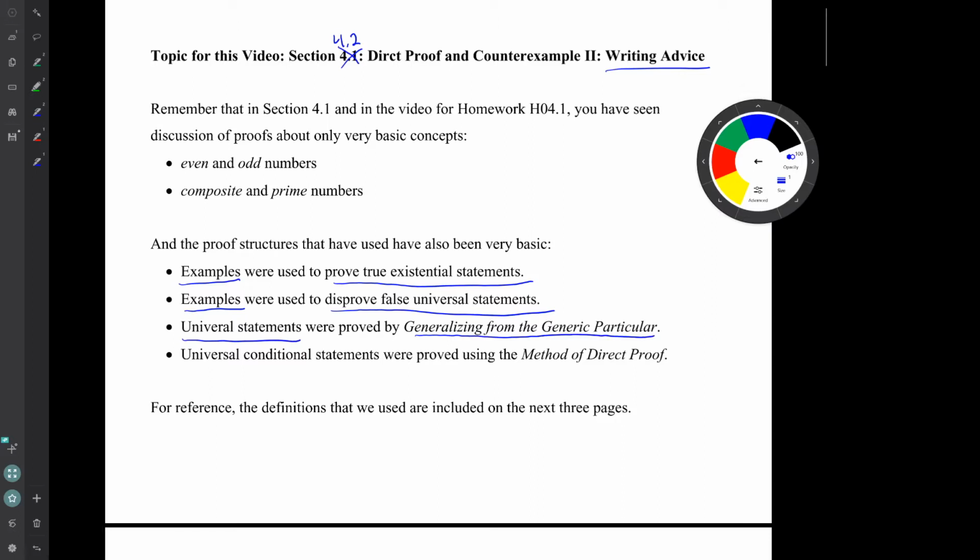And in a special case of that, universal statements that were universal conditional statements, when we applied that method of generalizing from the generic particular, the resulting structure is called the method of direct proof. So for reference, I've included the definitions of those things on the next 3 pages.